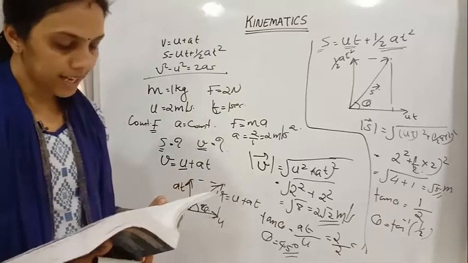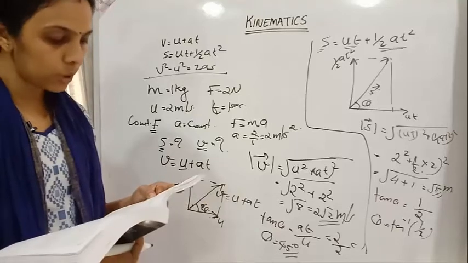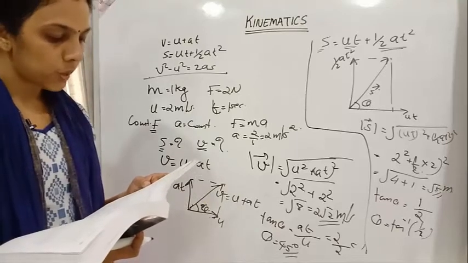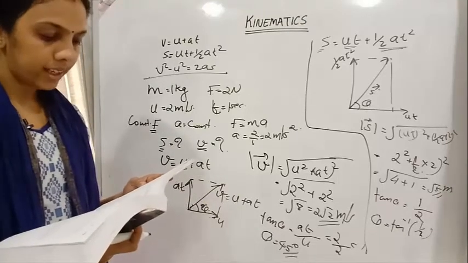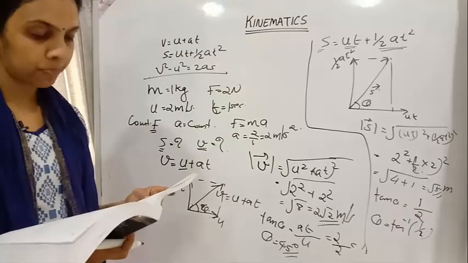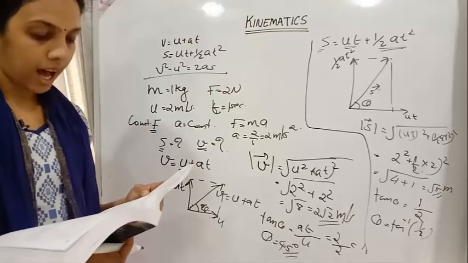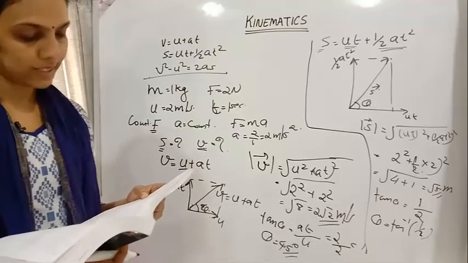So the next question is: the velocity and acceleration of an alpha particle at time t equals 0 are u equals 2i plus 3j and a equals 4i plus 2j meter per second square respectively. Find the velocity and the displacement of the particle at time t equals 2 seconds.